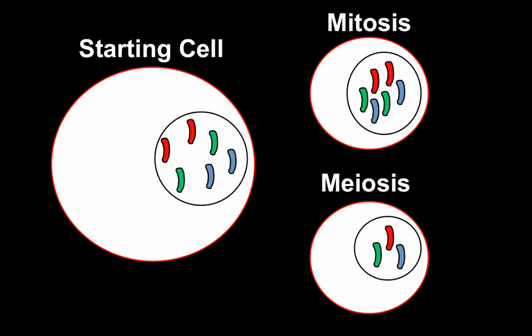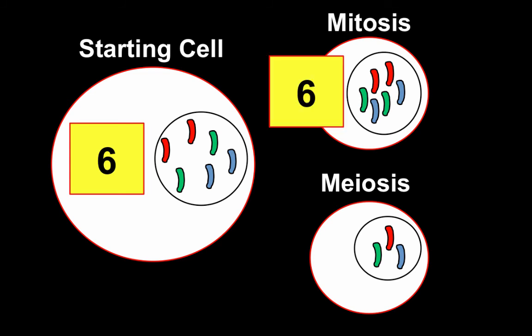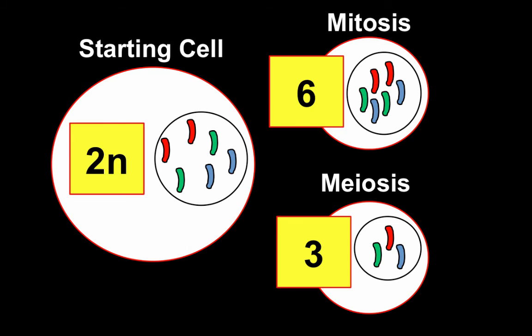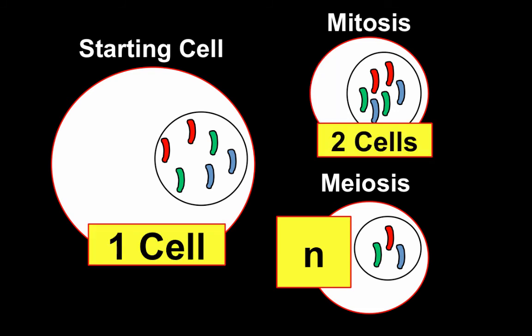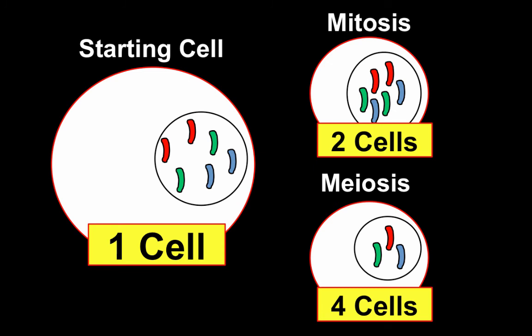So if we look at comparing these from start to finish, we started with 6. In mitosis, we ended with 6. Clone. In meiosis, I ended with 3. I cut the number in half. Another way to look at that is 2N to 2N in mitosis, 2N to N in meiosis. I went from 1 cell to 2 in mitosis, and 1 cell to 4 in meiosis.